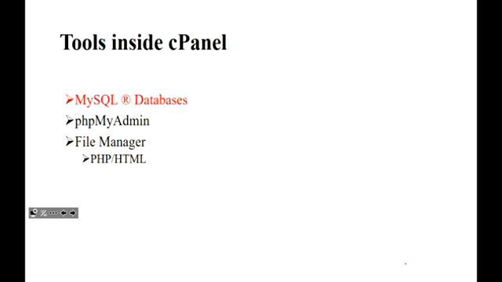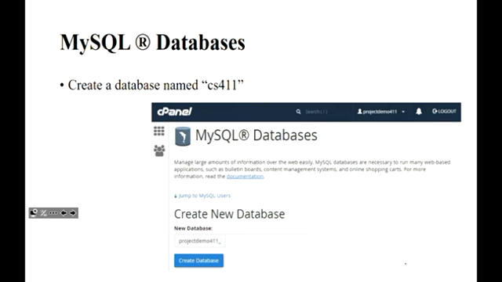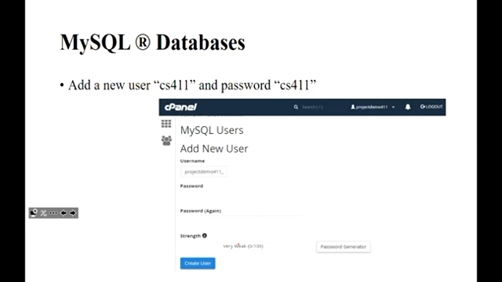First go to the MySQL database within your cPanel. Create a new database. This should be your netid underscore CS411, and then add a new user, again your netid underscore CS411. Use the password CS411.